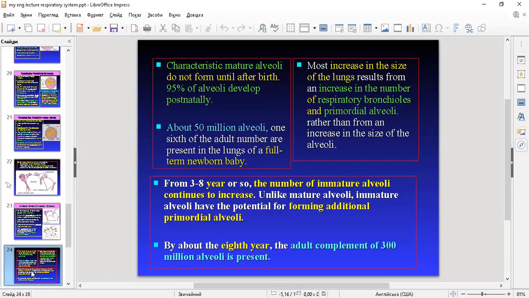Unlike mature alveoli, immature alveoli have the potential for forming additional primordial alveoli. By about the 8th year, the adult complement of 300 million alveoli is present.